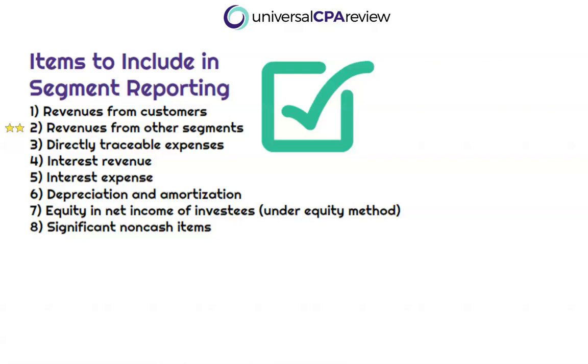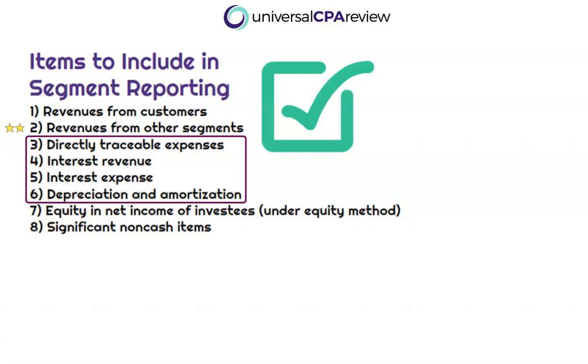Okay, so while a lot of the revenue items need to be disclosed, if the majority of sales are made to external customers, disclosure is not going to be as critical. Some other items are directly traceable expenses, interest revenue, interest expenses, and things like depreciation and amortization. When it comes to profit and losses, certain additional disclosures need to be made.